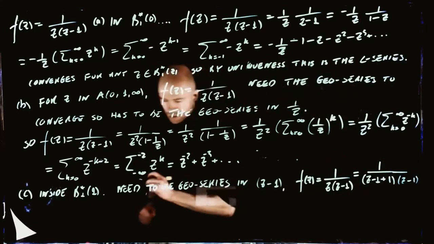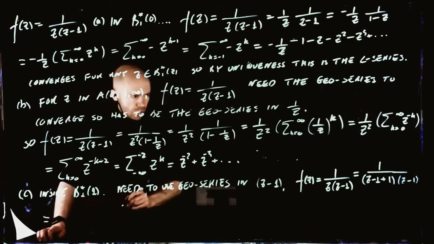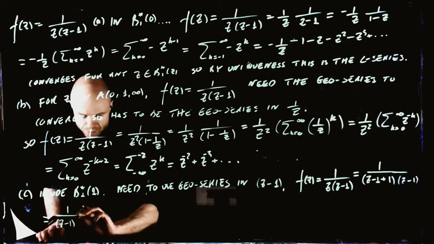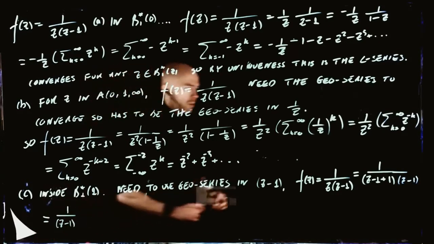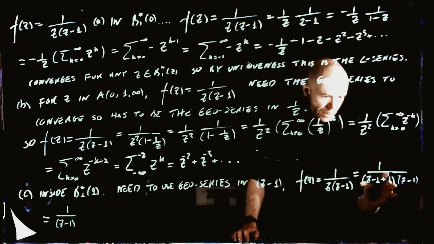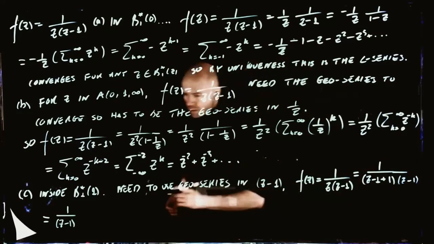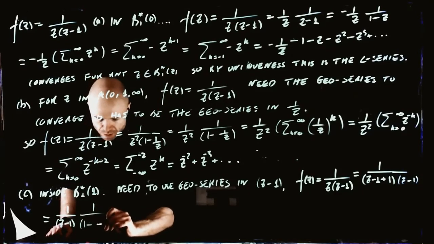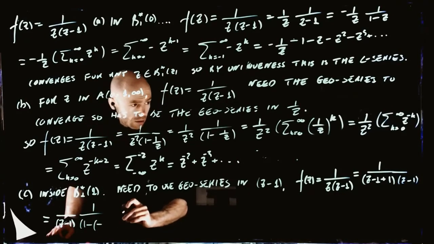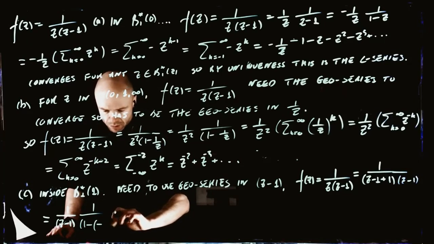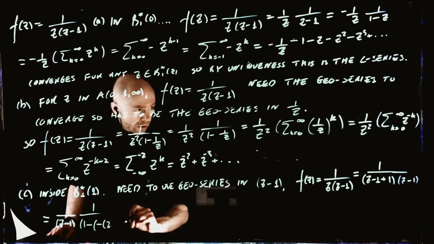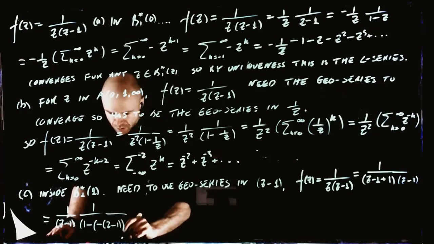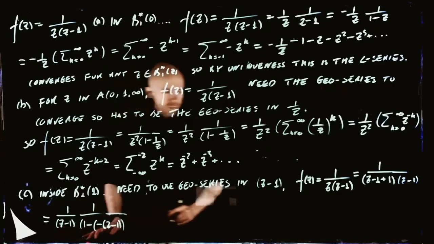And then let's write this thing as 1 over z minus 1. And what do we have here? Let's write this guy as 1 minus this thing, right? So then this is 1 minus, or we don't have to do it. Let's do it that way. Z minus z minus 1. Like this. Yeah?